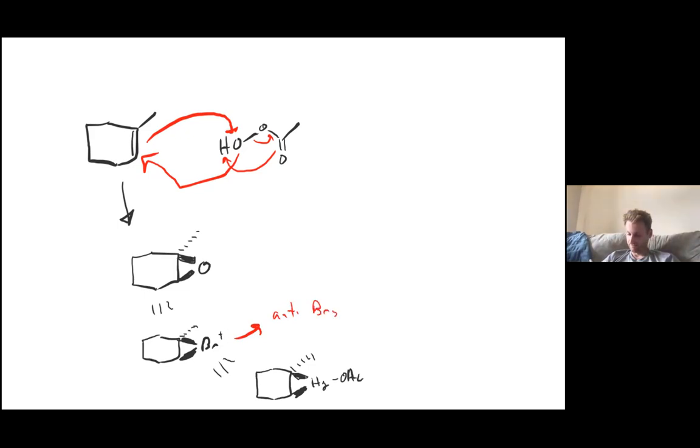Technically, this bottom one also leads to anti, but one of them is a hydrogen, so it doesn't usually matter. But when we're here, our next step is going to be where we're going to pick up an H because we're adding an H3O plus.